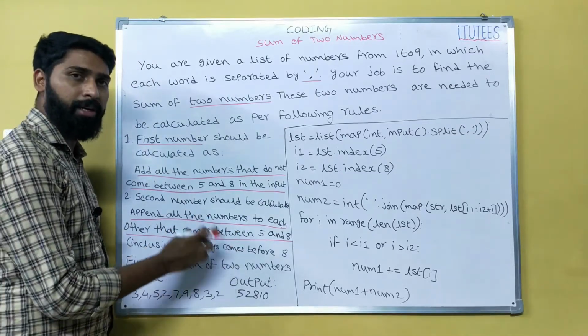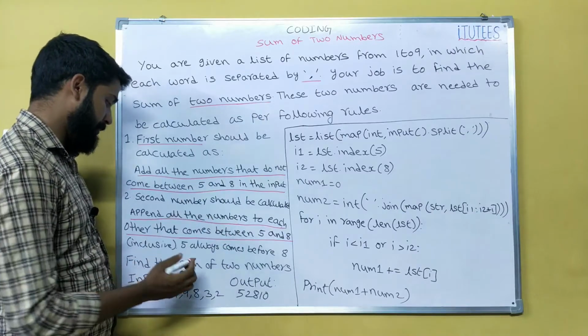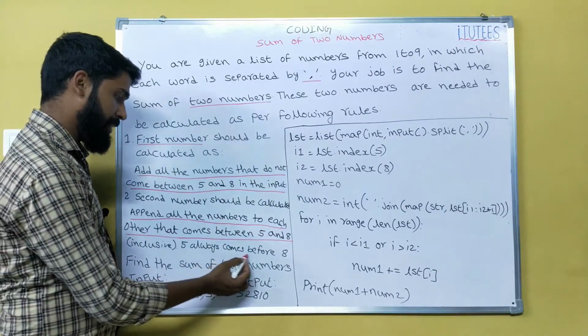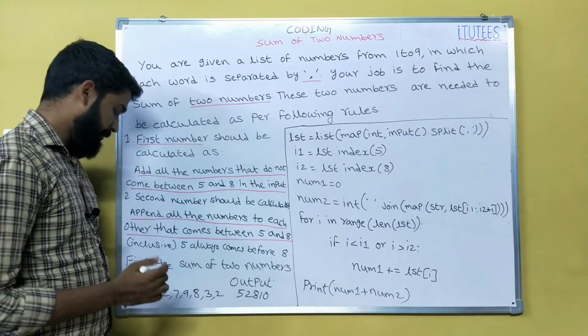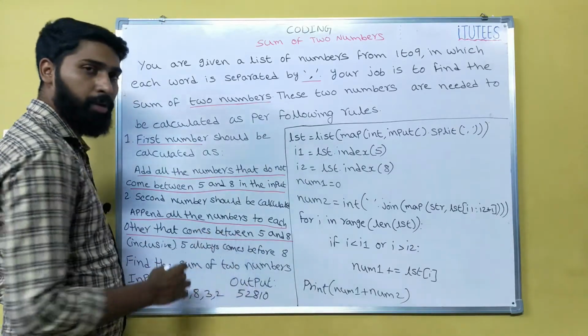So both 5 and 8 are included in number 2. 5 always comes before 8, that is the note. Find the sum of the two numbers.